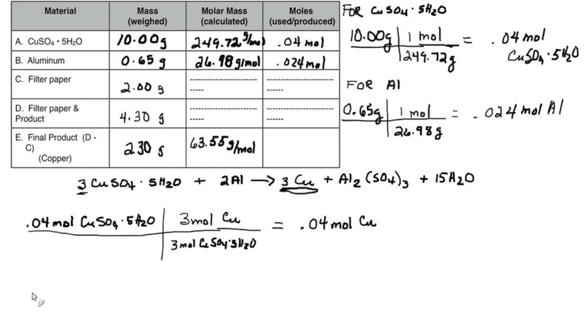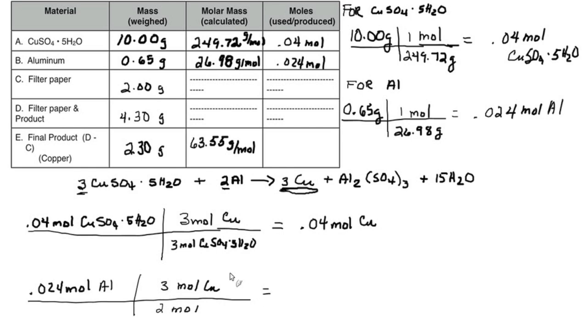Then I take my aluminum and do exactly the same thing: 0.024 moles of aluminum, which I calculated from the amount of aluminum that I weighed out and reacted. Use the mole ratios, 2 to 3 here. 2 moles of aluminum produces 3 moles of copper.